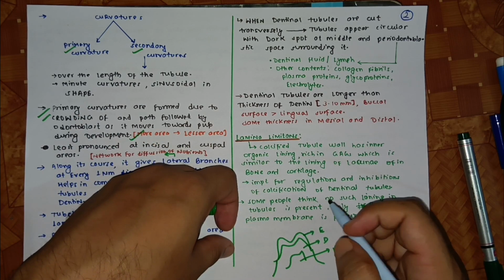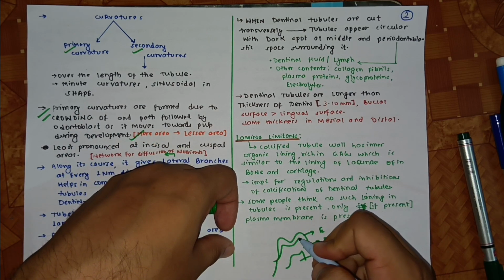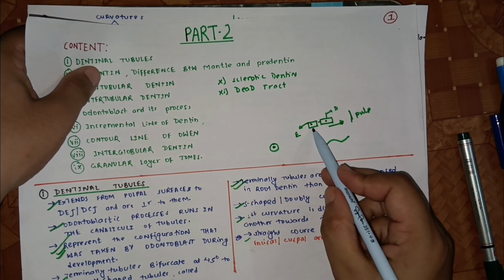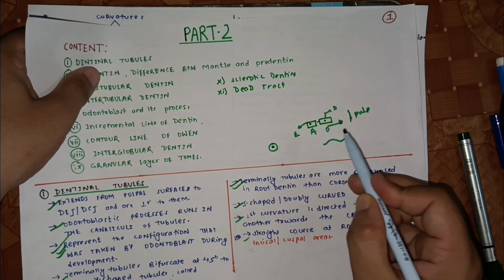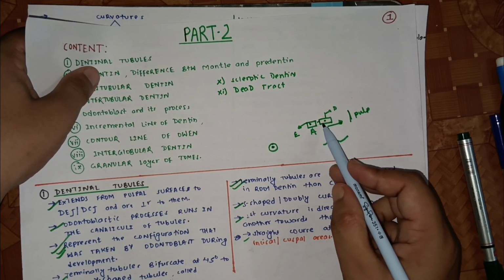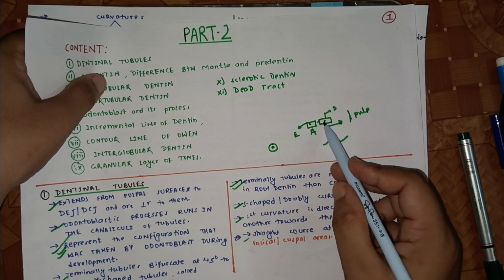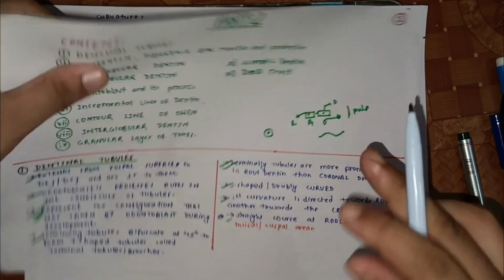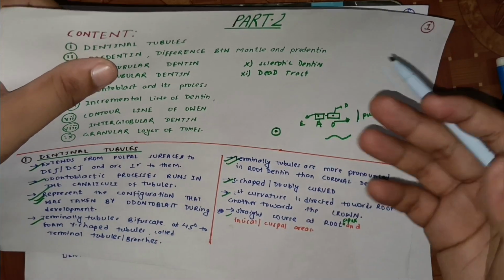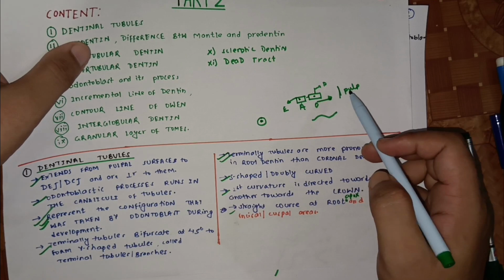As I have told earlier, this is an ameloblast and this is an odontoblast. At the beginning of the formation of the tooth during odontogenesis they are closer to each other, but as development proceeds the odontoblast moves towards the pulpal side.